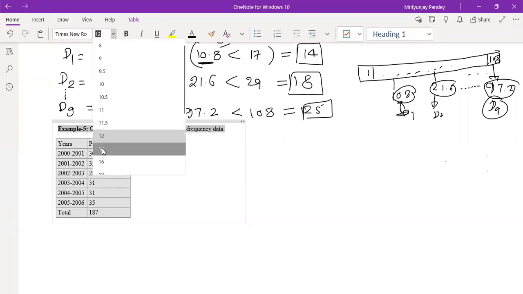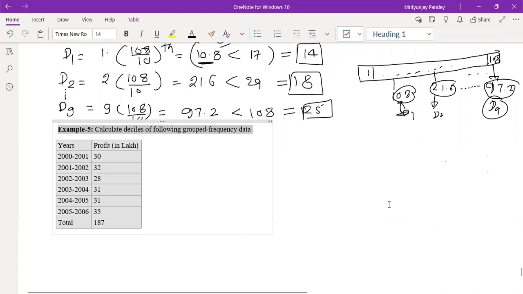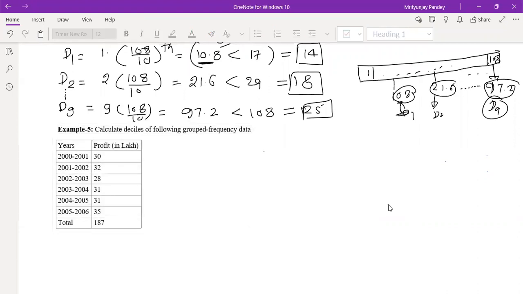So what is the formula of decile for grouped data? Yes, tell me. That is Dr equal to L1 plus L2 minus L1 divided by F into Mr minus C.